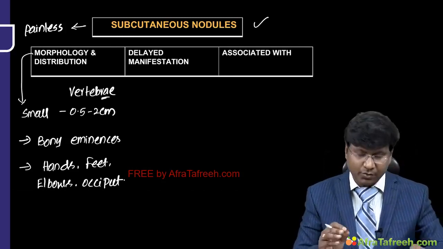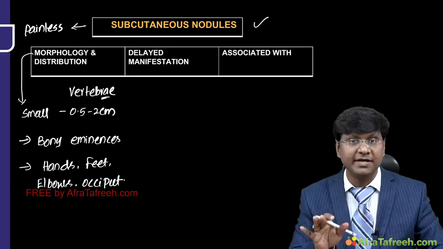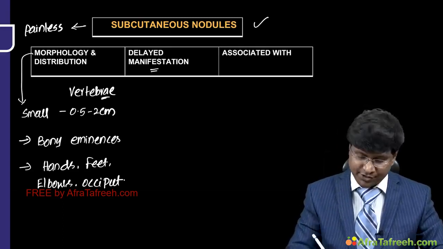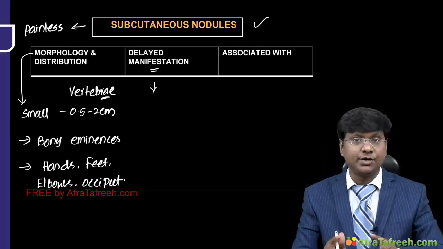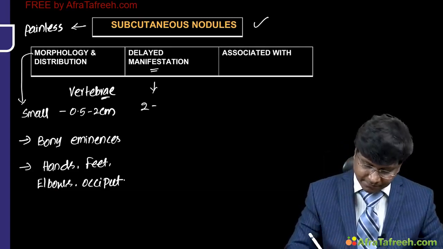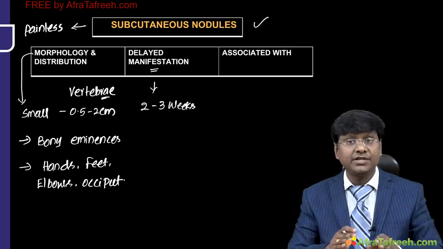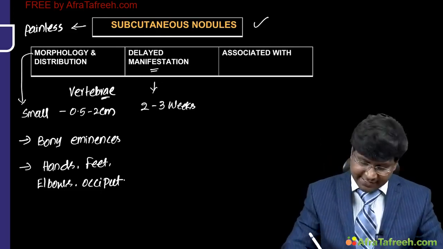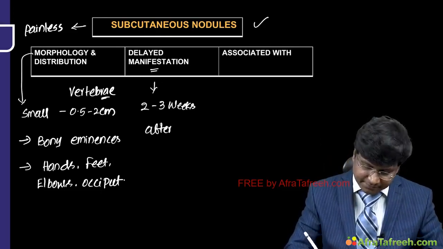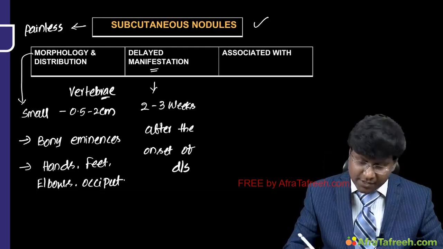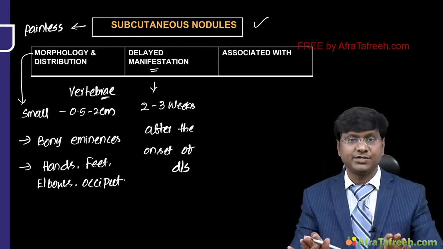These are the areas where the subcutaneous nodules are distributed, and this is also one of the delayed manifestations. These subcutaneous nodules appear 2 to 3 weeks after the onset of the disease. So it is one of the delayed manifestations.